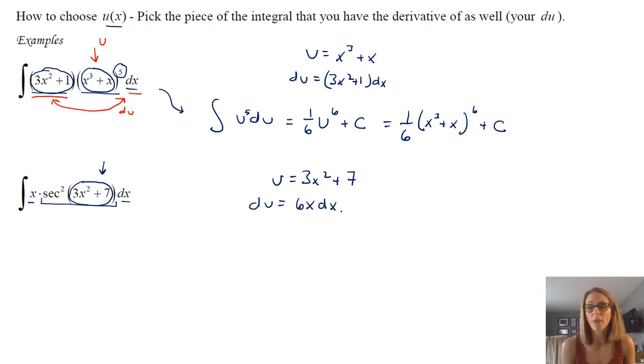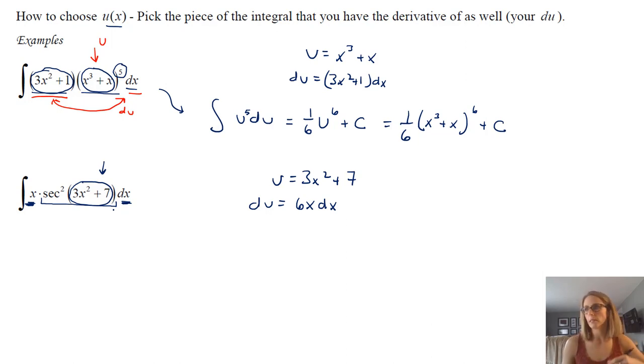And you might say, well, I don't have 6x dx. I have x dx. Sure. Notice the only difference between what you have in your integral and what you see for your du here is the 6. But the 6 is just a constant.